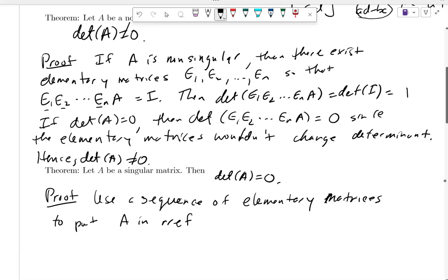We'll put the matrix A in reduced row echelon form, and we've already said that this will have a row of zeros.